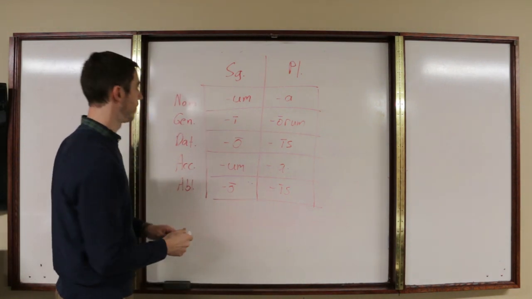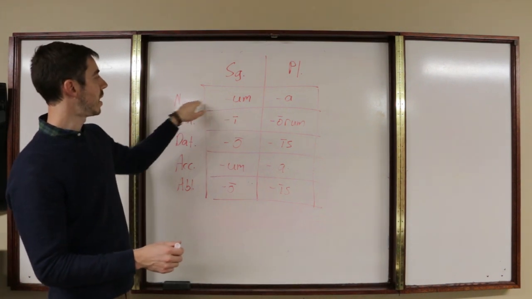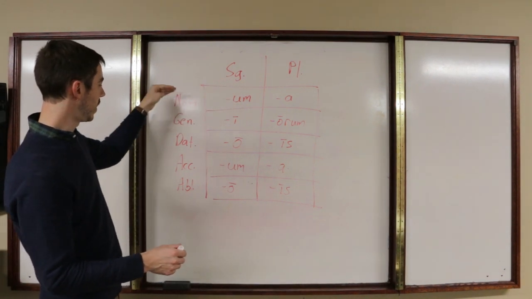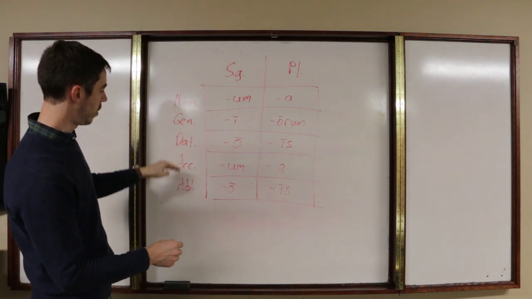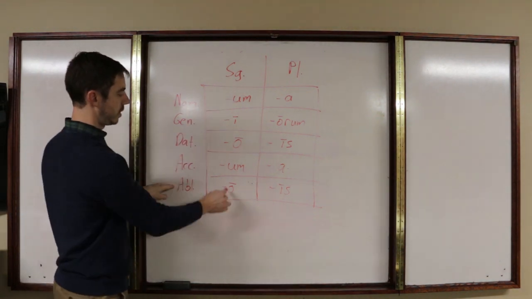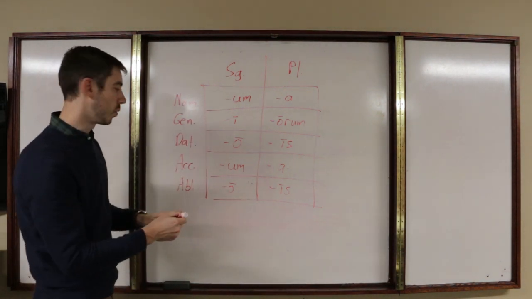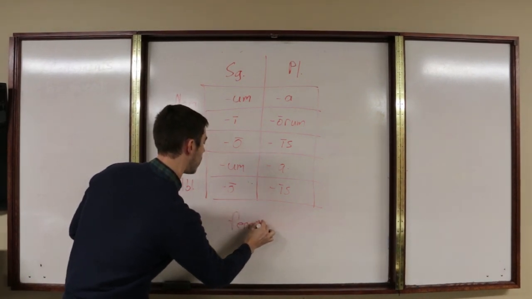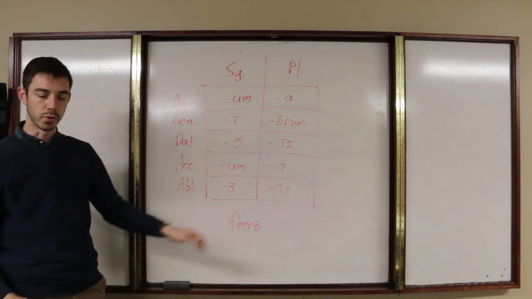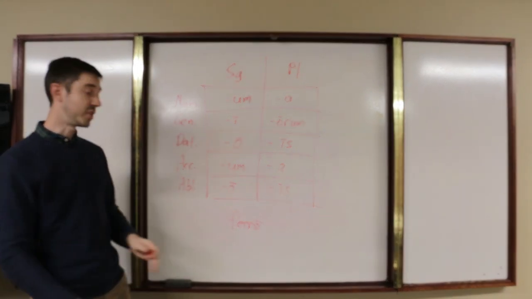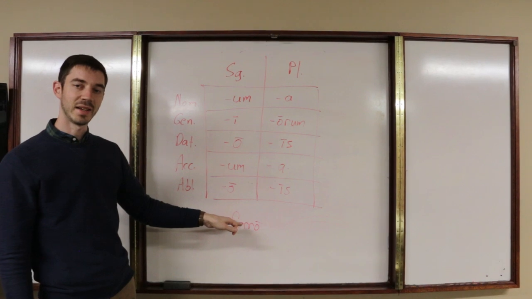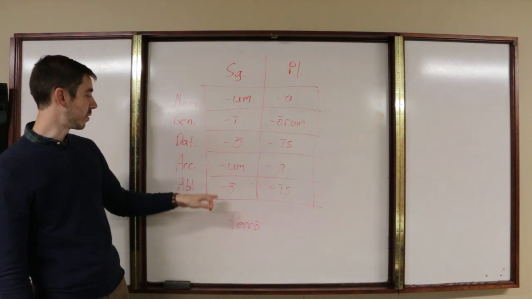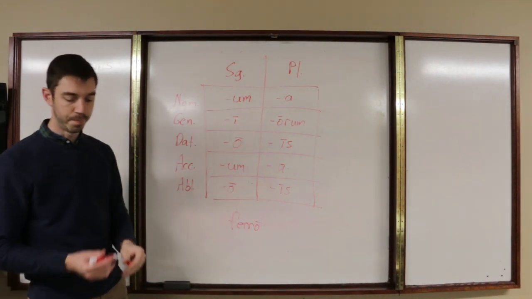So ferrum, that ending is the nominative singular ending. They want to put it in ablative singular. So all the way down here to ablative, still in singular, that's o. So that word becomes ferro. Ferro, not like the ruler of Egypt, is the ablative singular of ferrum.